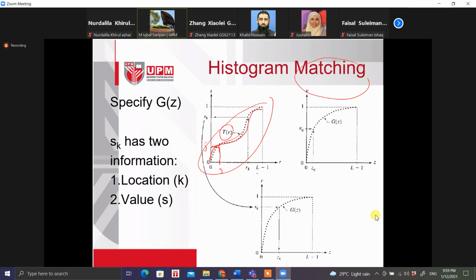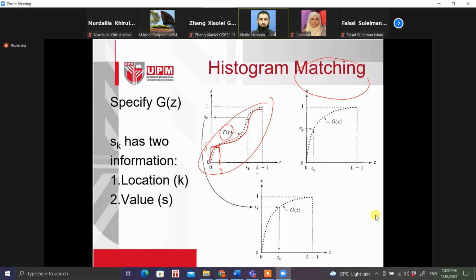As for histogram matching, you're trying to change the shape of the histogram by introducing one function. Similar to what we did earlier in image enhancement, when you introduce a transformation operator, you are introducing one function to assist you in your specific application.